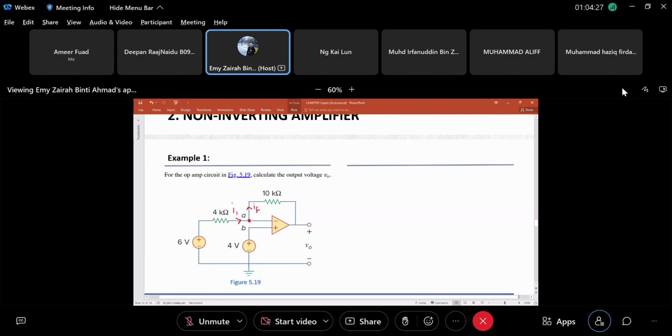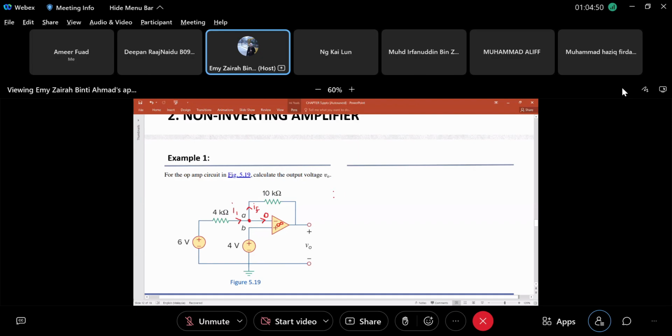The current flowing through here is 0 because the resistance of an ideal op-amp is infinite. It's so high that no current is drawn through the op-amp. So we assume 0. A perfect op-amp. But in a real case, that will not be the case.